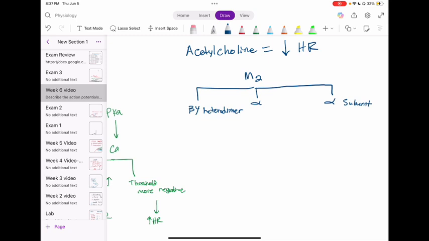What the alpha subunit does is it decreases cAMP on both of these sides. What a decrease in cAMP will lead to is a complete opposite. We will have a flattened slope.